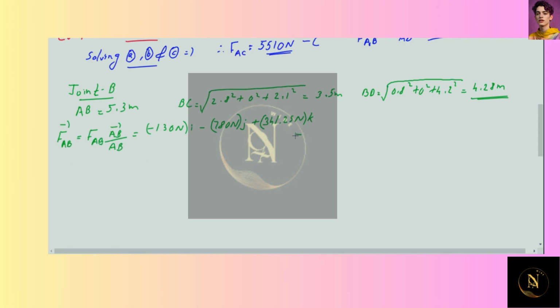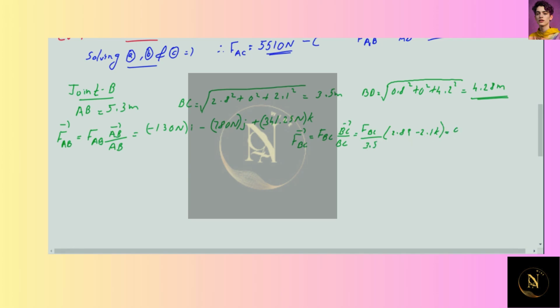Now let's find the next one, that is FBC. Vector FBC equal to magnitude of FBC into vector BC divided by BC, that is FBC into 1 by 3.5 into 2.8 I minus 2.1 K. So just divide it.